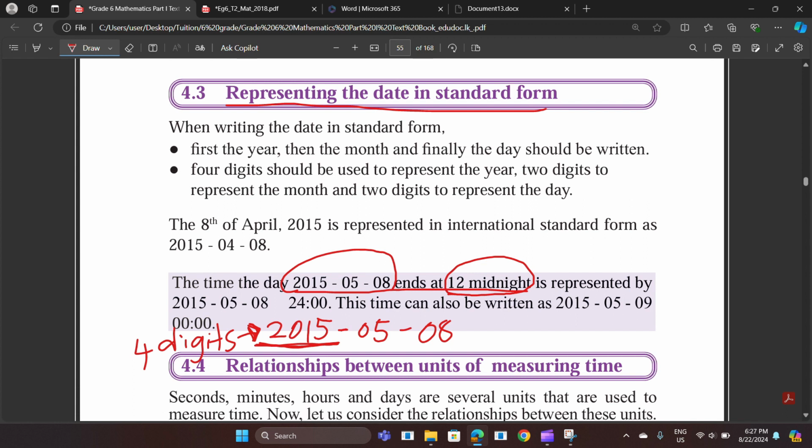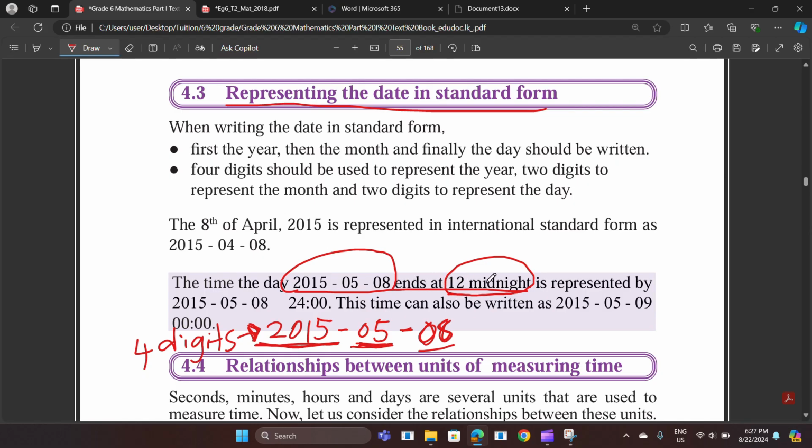Next dash, and the month you have to represent it in 2 digits. Two digits, and for the date it is also same. You should use 2 digits. Okay. And ends at 12 midnight.